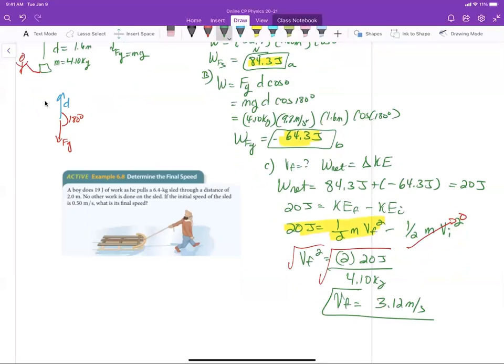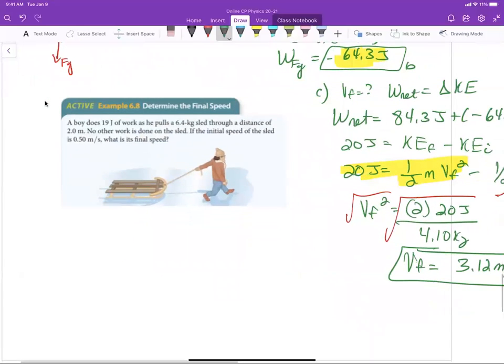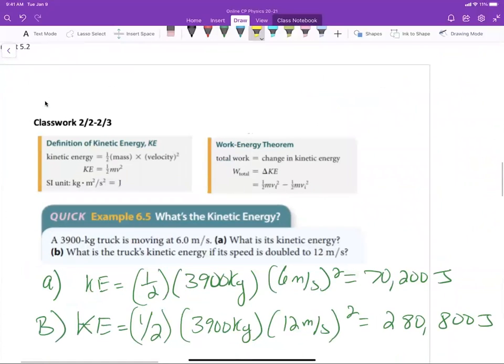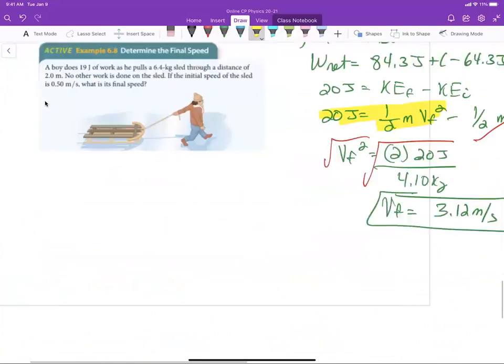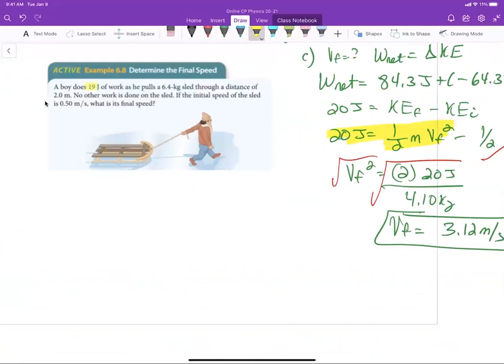Okay. All right. And then one more to go. This is not an easy one, just so you know. Again, what are we using? We're using these principles. We're using the definition of kinetic energy, which is 1/2 mass times velocity squared, and that we know that the total work is equal to the change in kinetic energy. We have a boy that does 19 joules of work.